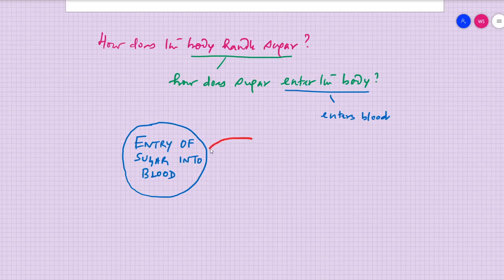What are the three ways? The first way is through the diet. The second way is by glycogenolysis.